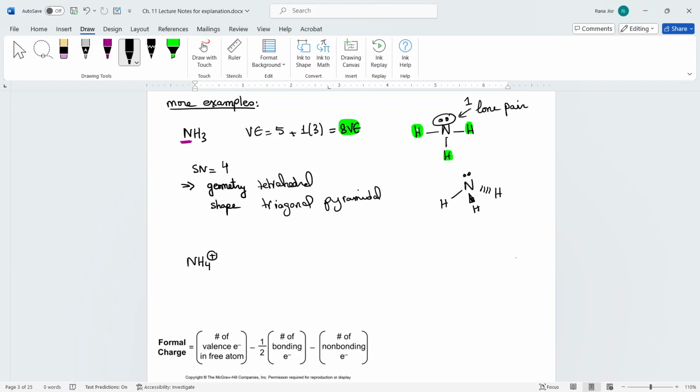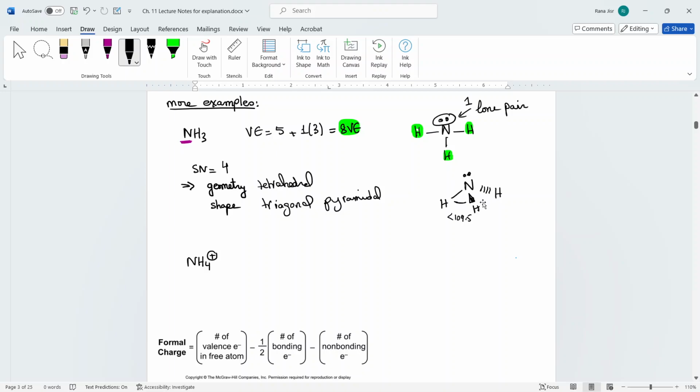And you have your lone pair as well. Your lone pair is also going to be in plane. So these two are going to be in plane. And the bond angle between these two lines is going to be less than 109.5.